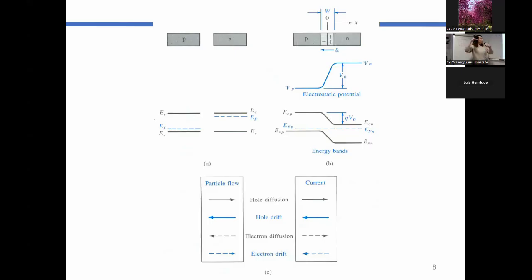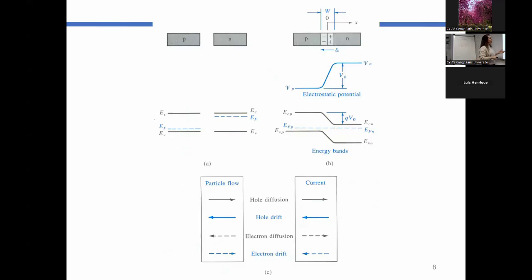This deflection between those two bands is the region where we have the space charge, actually, not free charge, sorry, where we have a different polarization when we compare to the semiconductor itself.